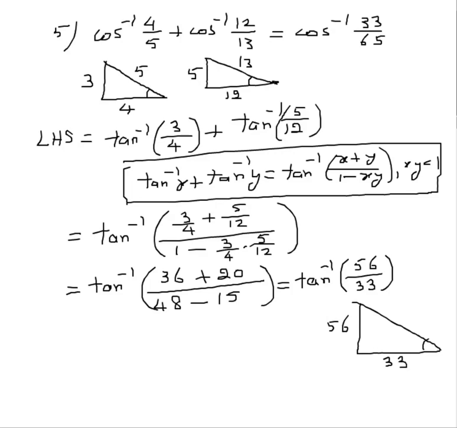So use Pythagoras theorem. The hypotenuse will be 65 because it is root of 33 square plus 56 square. Now change tan inverse to cos inverse, which is adjacent side by the hypotenuse, and this is the right hand side.